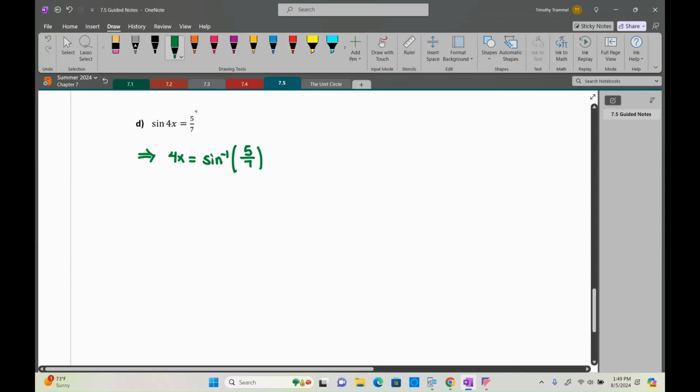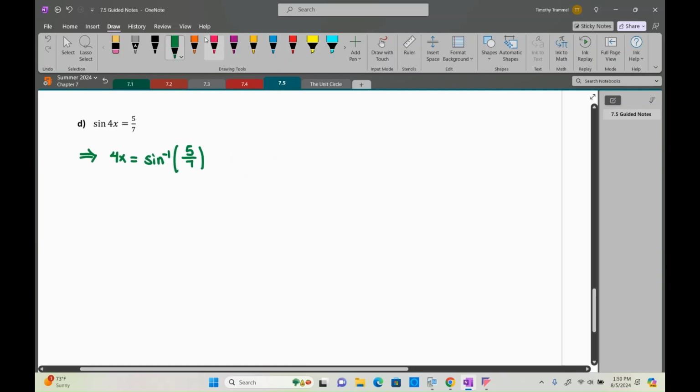And now here's the deal: we did take sine inverse of each side. And so this is one angle that will make sine equal to 5/7. Remember, there is another one in quadrant 2 where we'll have the same y value of 5/7. Let me make a quick picture of that.